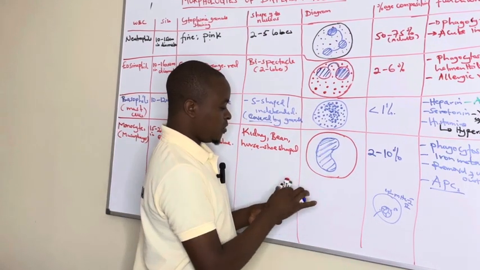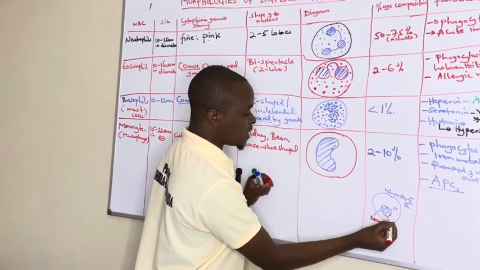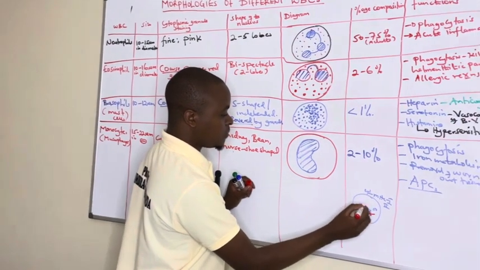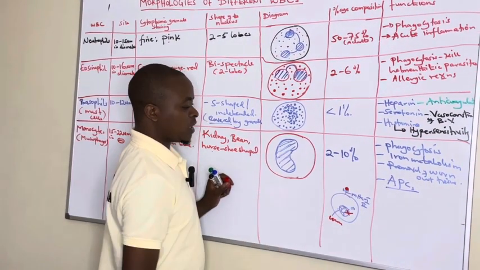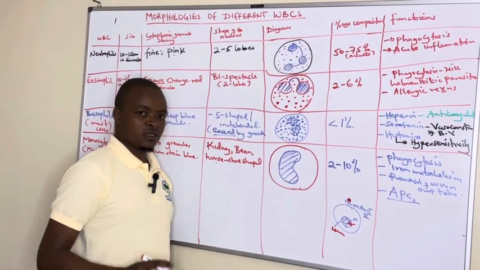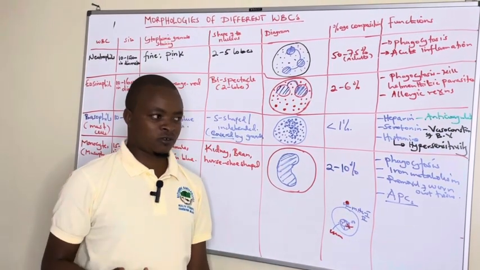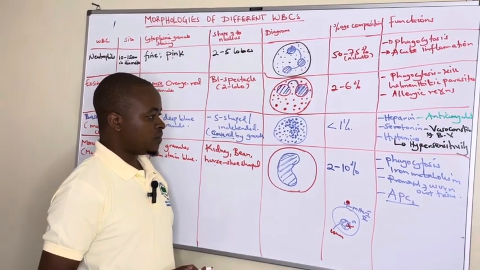Now, if this is the monocyte, it presents a portion of the microorganism on its surface. That's why we say it acts as an antigen-presenting cell, which participates in humoral and cell-mediated immunity.